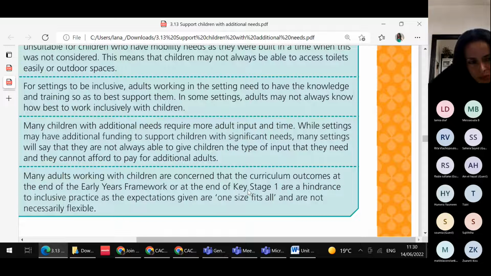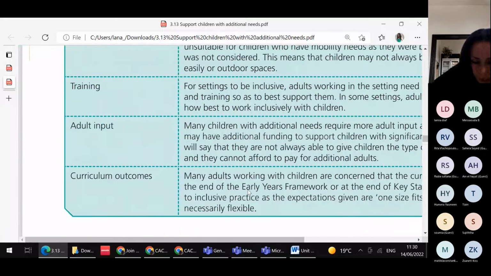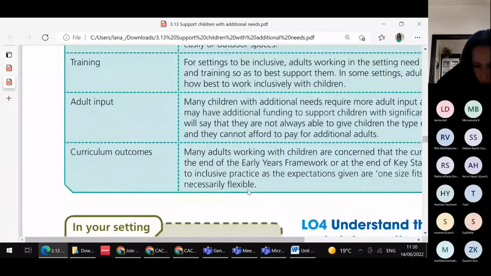Some of them might be fast learners, maybe slow learners. So if we stick to the curriculum and we don't monitor the children's needs, that would affect the children's learning and development.